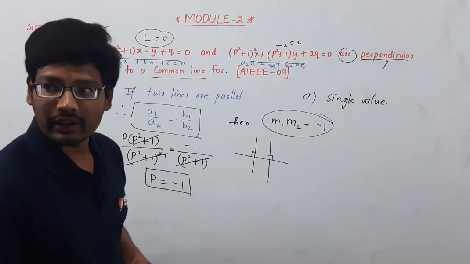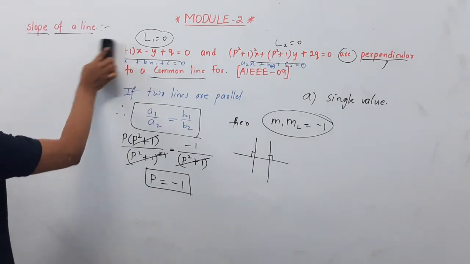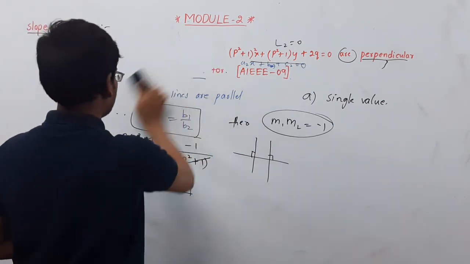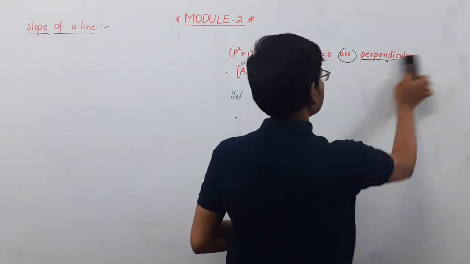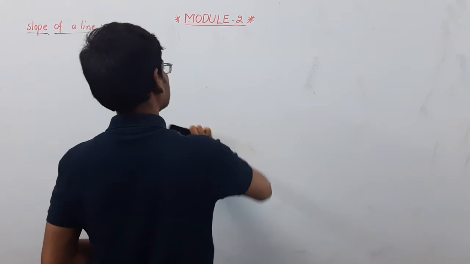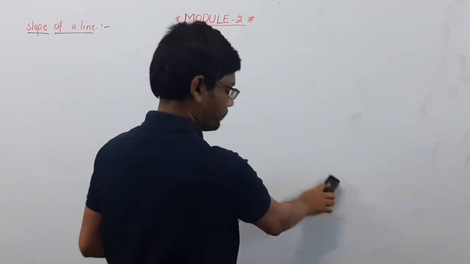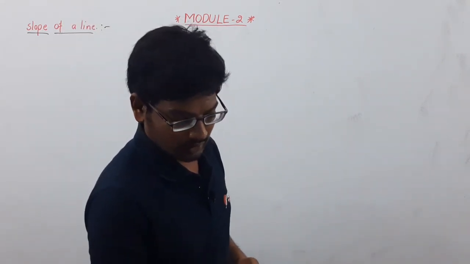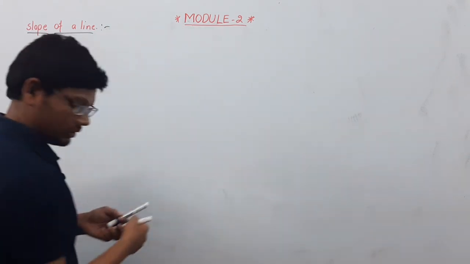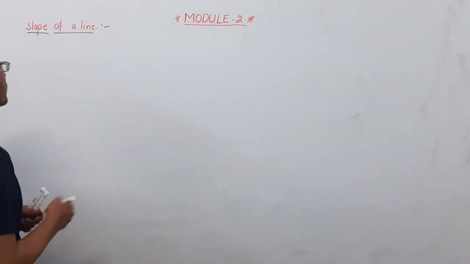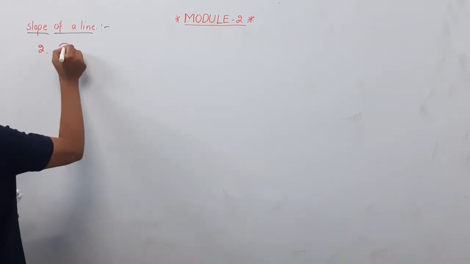And the next question in this same topic from module 1. The slope of a line, second question.